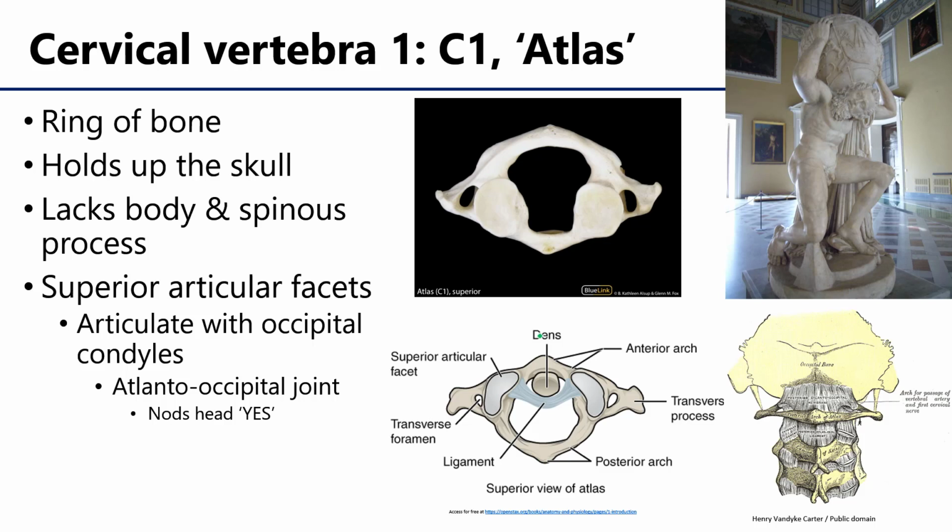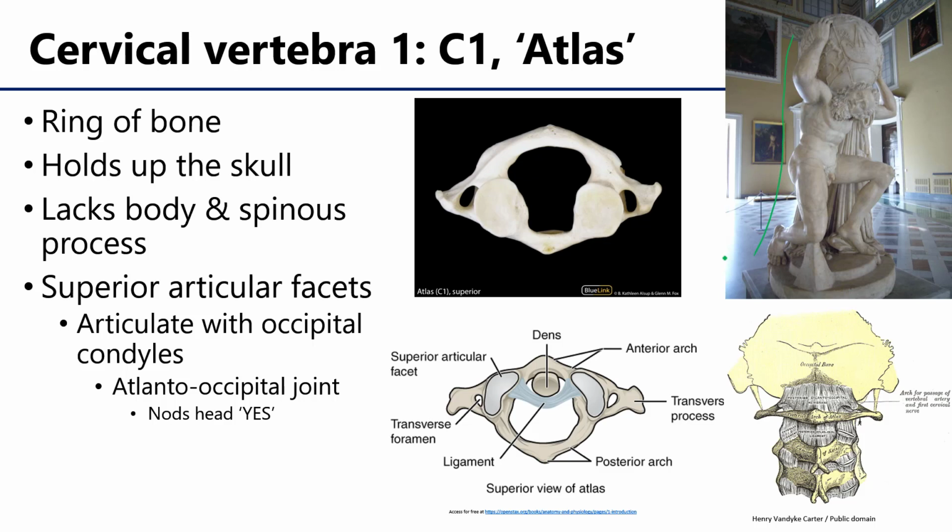Now, there are 3 cervical vertebrae that we'll discuss as unique. The first is the C1, or atlas vertebrae. The C1 vertebrae articulates with the occipital bone of the skull, so it holds up the skull. It gets its name from the mythological person Atlas, who was charged with holding up the world, and I guess the skull is our world.